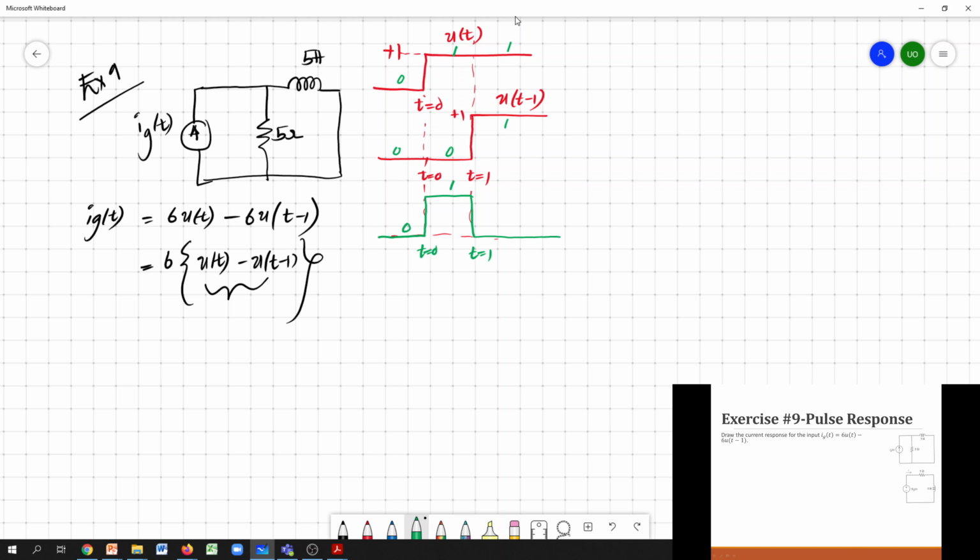So this is actually u(t) minus u(t minus 1). With these unit steps, we can generate rectangular pulses like this. Or else we can generate staircase type functions.